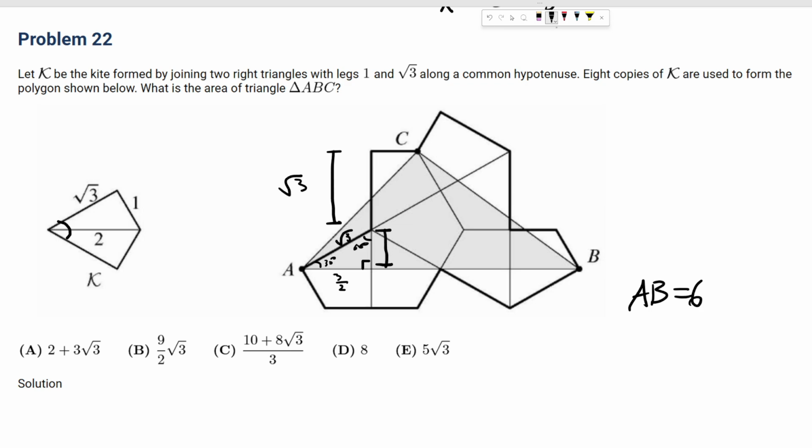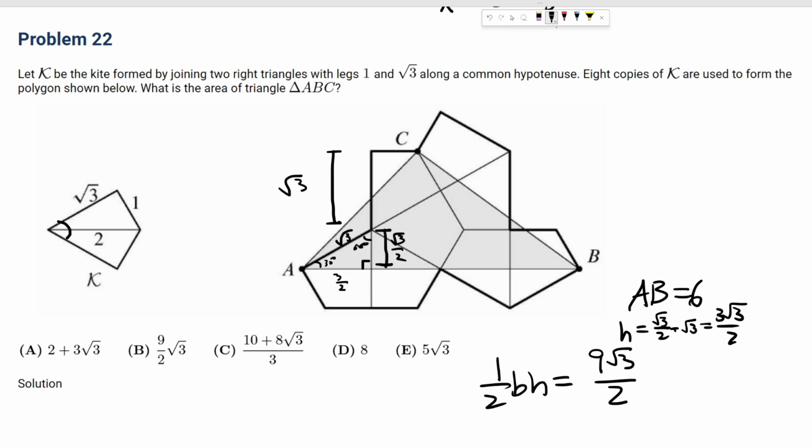And this is just going to be root 3 over 2 because of the same 30, 60, 90 triangle. So that means our height is going to be root 3 plus root 3 over 2, which is equal to 3 root 3 over 2. Hopefully we know how to find the area of a triangle. It's going to be 9 root 3 over 2, which is this one.